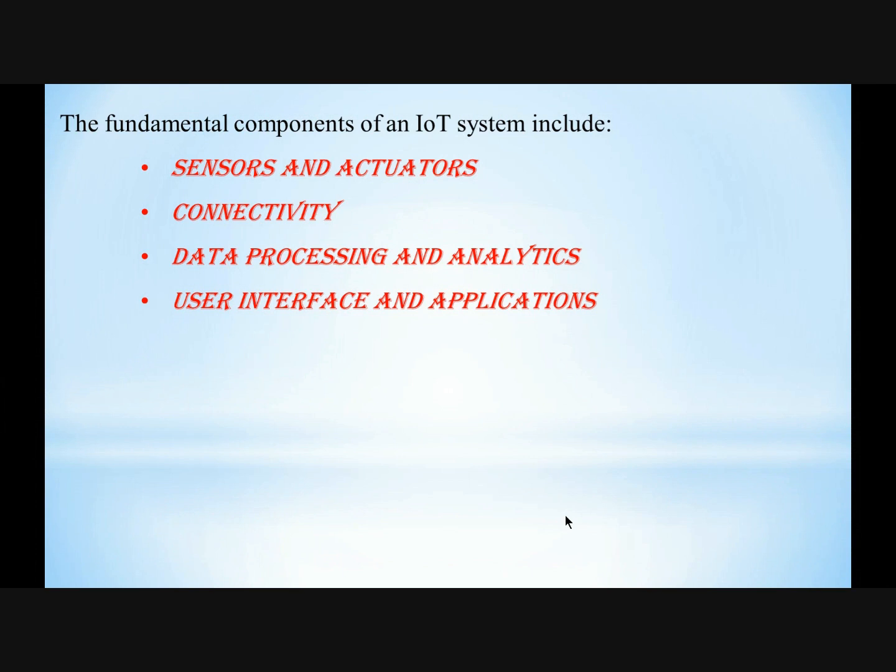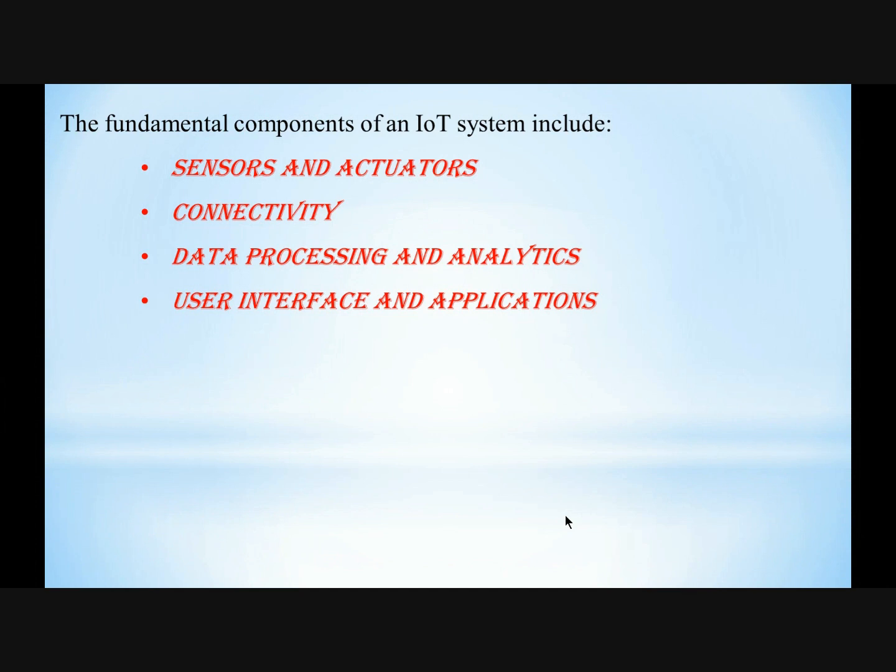Now the data which is sensed and then converted, all these signals are sent to the cloud. They can be connected to the cloud through a variety of methods. This includes cellular, satellite, Wi-Fi, Bluetooth, and low power wide area networks, called LPWAN. They connect through a gateway or a router, or can connect directly to the internet.